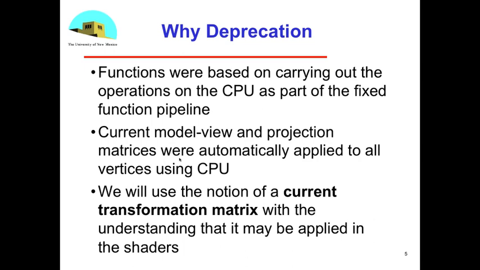So I want to retain the idea of a current transformation matrix because that's a powerful concept. It'll be the current matrix we're using either in the GPU or today in the CPU, that we will automatically apply to the geometric entities that we apply.